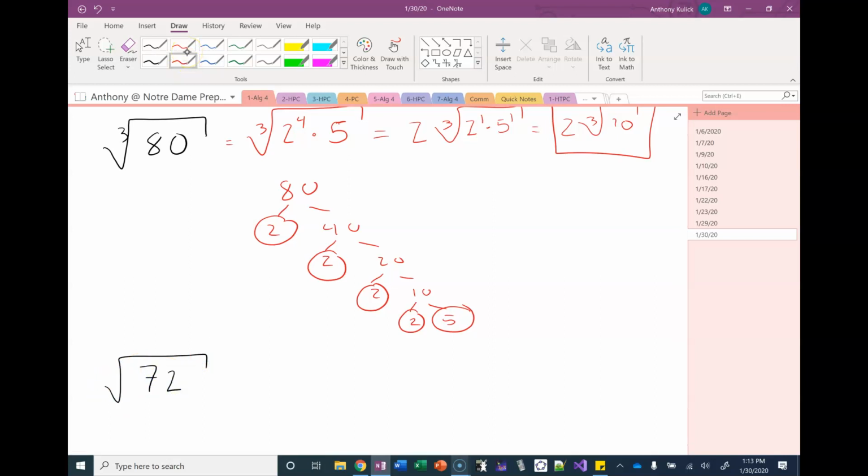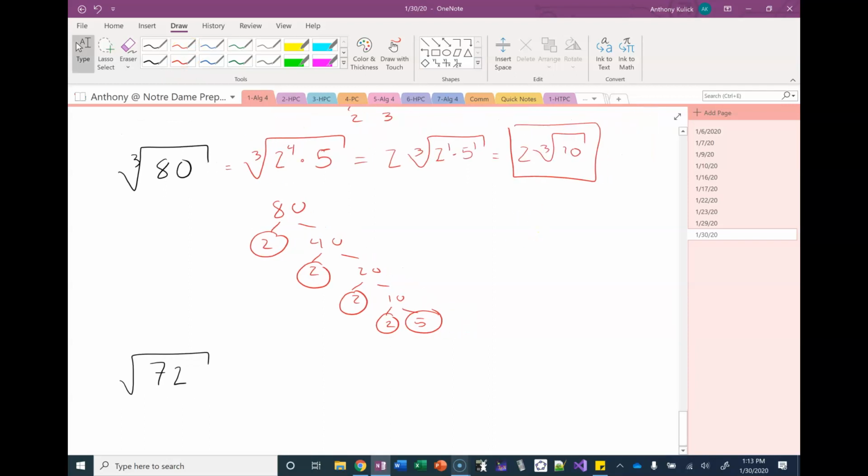Let's try the square root of 72. Is that the prime factorization you guys got for 72?